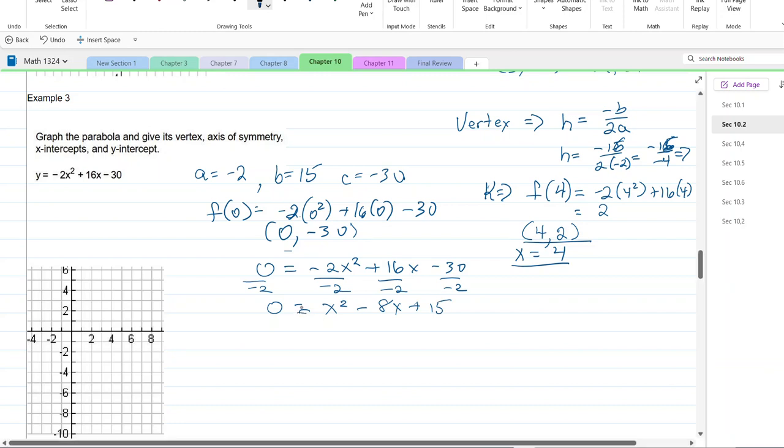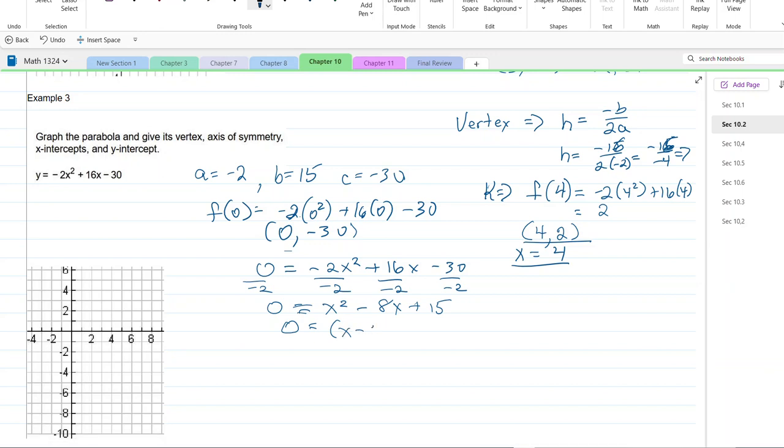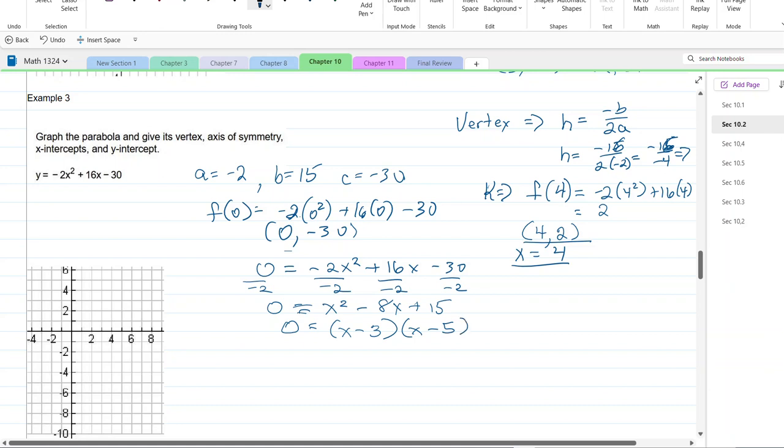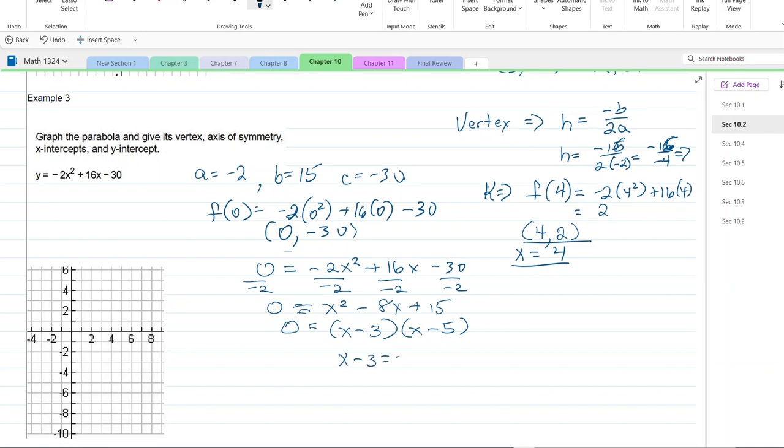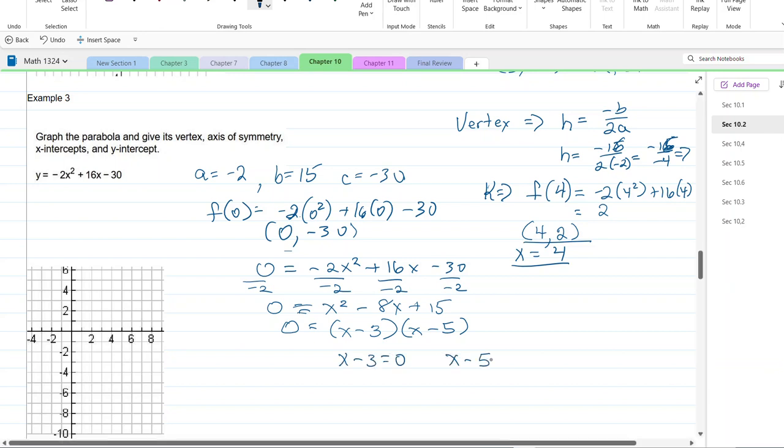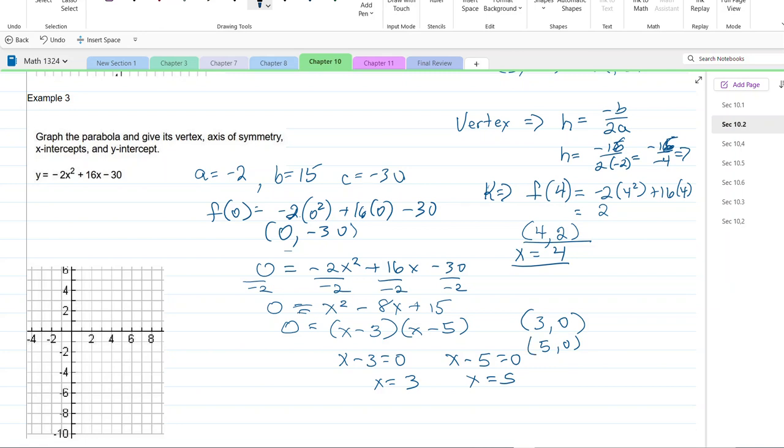And that way I can factor. x minus 3 and x minus 5. That gives me the 8 in the middle and a positive 15 at the end. x minus 3 equals 0, and x minus 5 equals 0. x is 3, x is 5. So what do I have? I have 3 and 0, and 5 and 0. And it makes sense that 4 is in the middle.